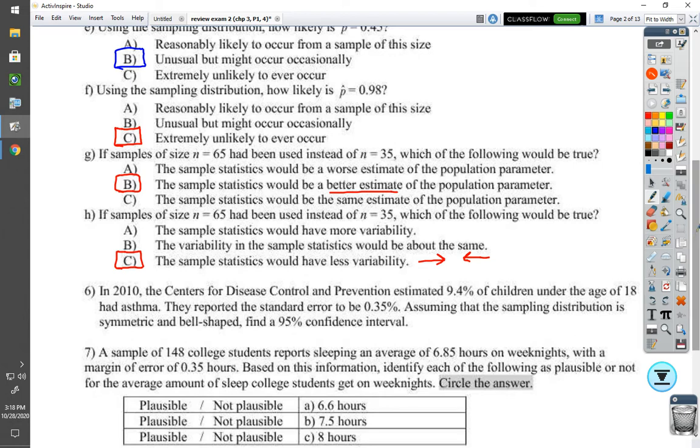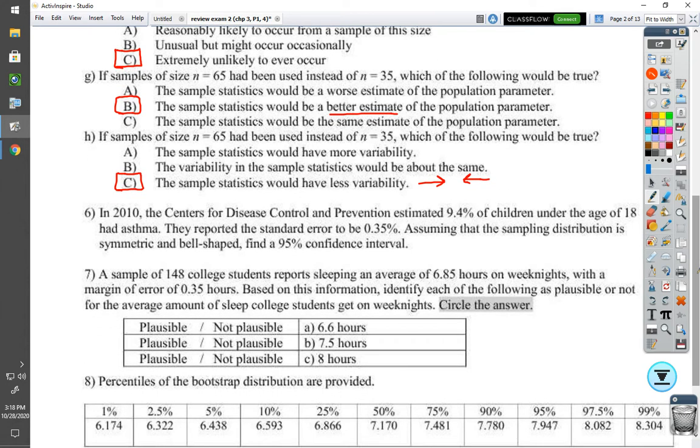Question number 6. In 2010, the Center for Disease Control and Prevention estimated 9.4% of children under the age of 18 had asthma. They reported a standard error of 0.35. Assuming that the sampling distribution is symmetrical, find the 95% CI. Well, that means that we take the given 9.4, we're dealing in percents right now, and from there we're looking to distribute on a level of 0.35%.